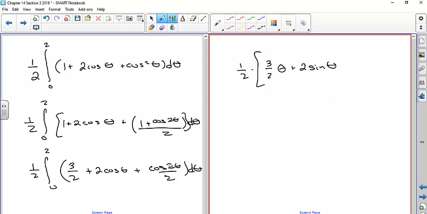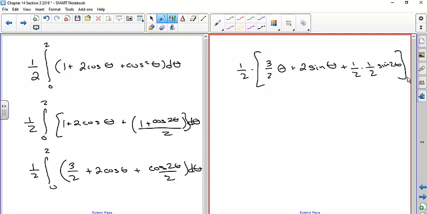Now we integrate cosine of 2 theta, we'll get plus, well, we have the 1/2 there, and then because we're integrating, we're going to divide by a half because of this 2 theta. u would be 2 theta, so du would be 2 d theta, or d theta equals du over 2, so we get another half, and then we have the sine of 2 theta.